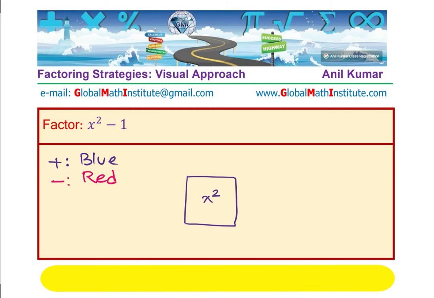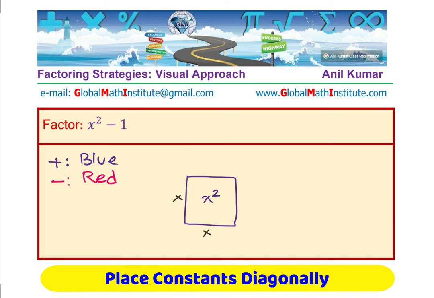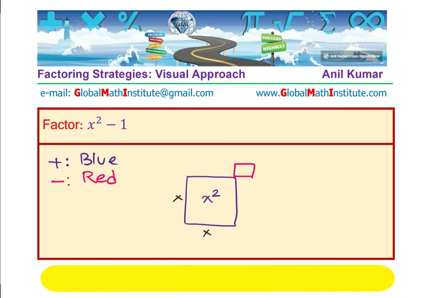So we have a blue tile whose dimensions are x times x. So when you multiply, you get x square, area of the square. Now, to make a rectangle, we will place this number diagonally. That is the key. So we are going to place it diagonally right there, 1 unit. You see this? So that becomes minus 1 for us.